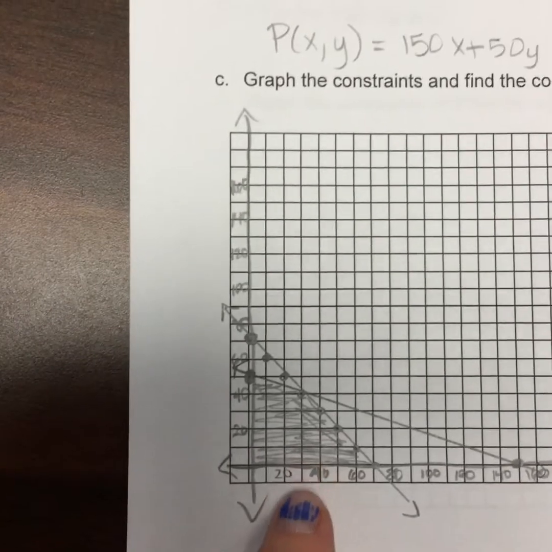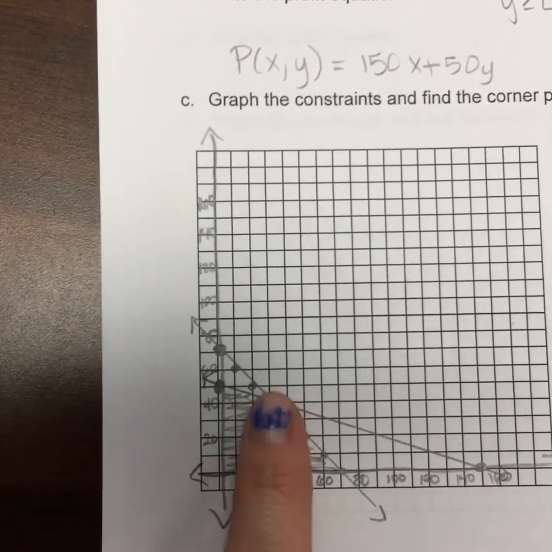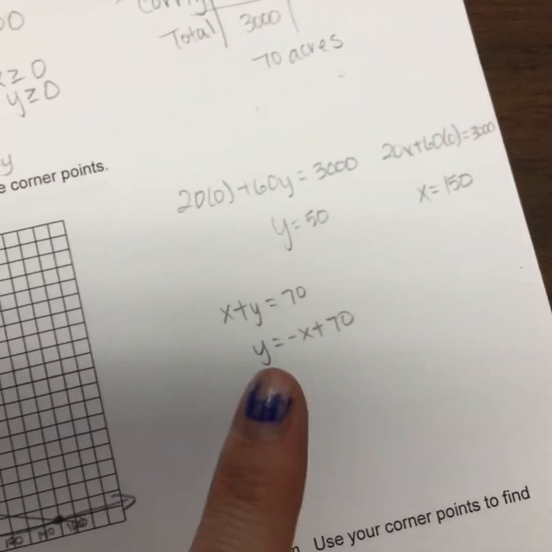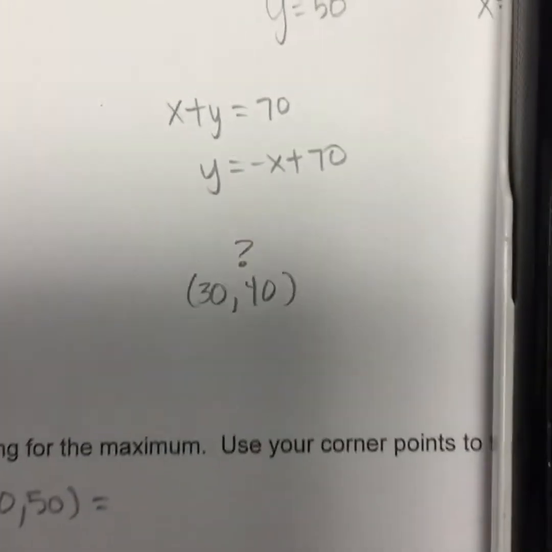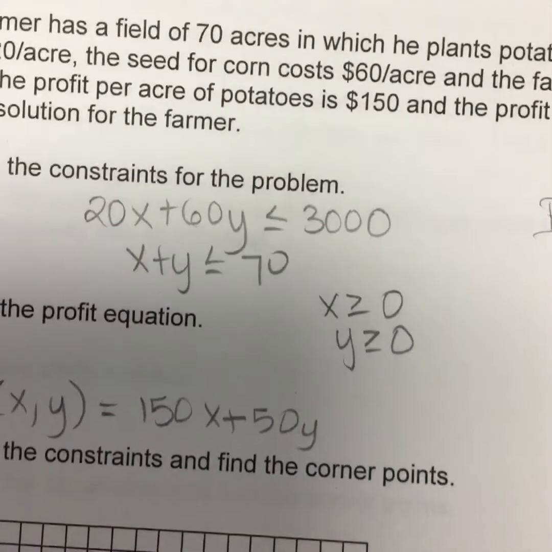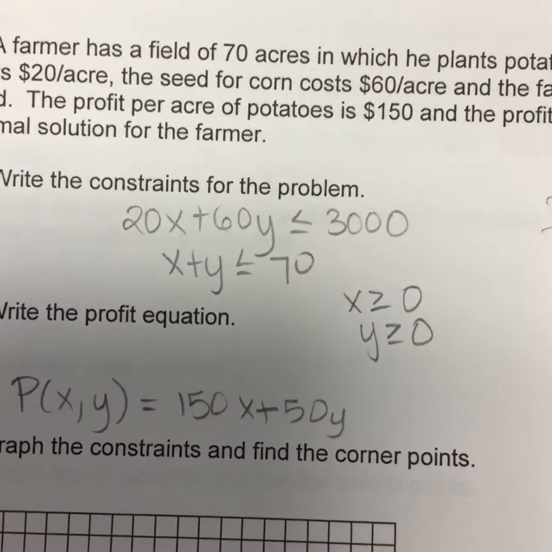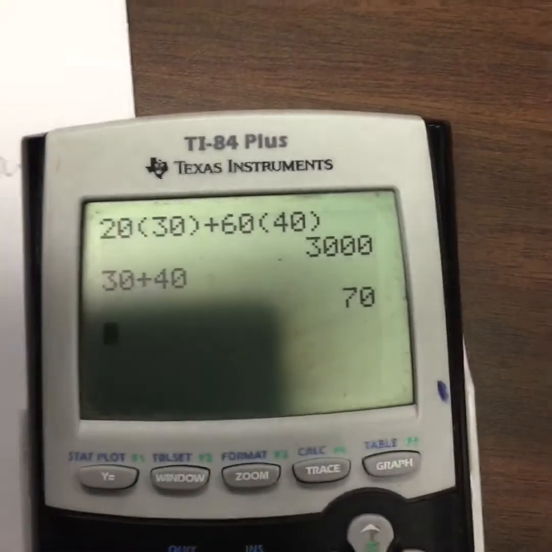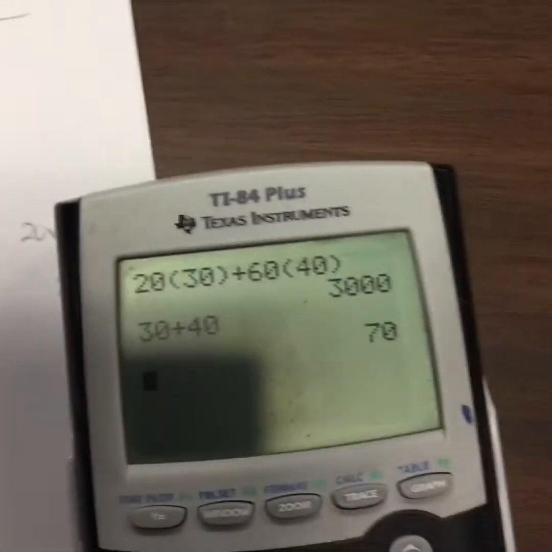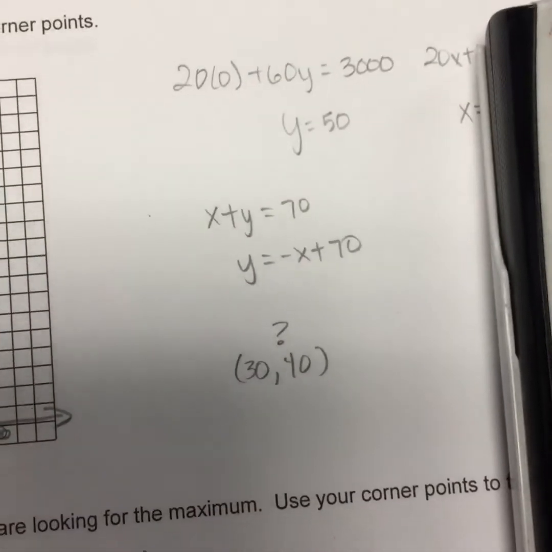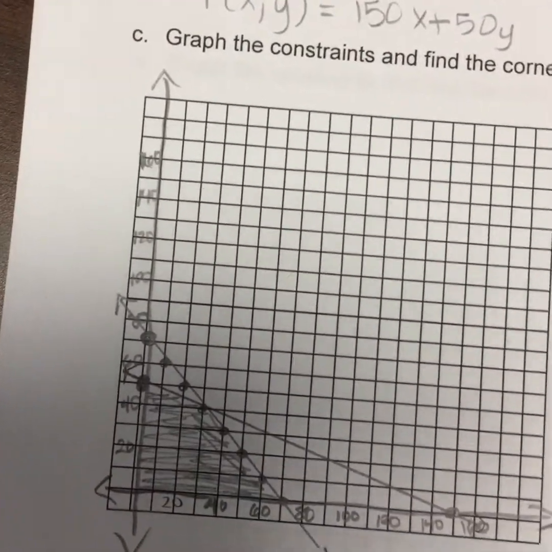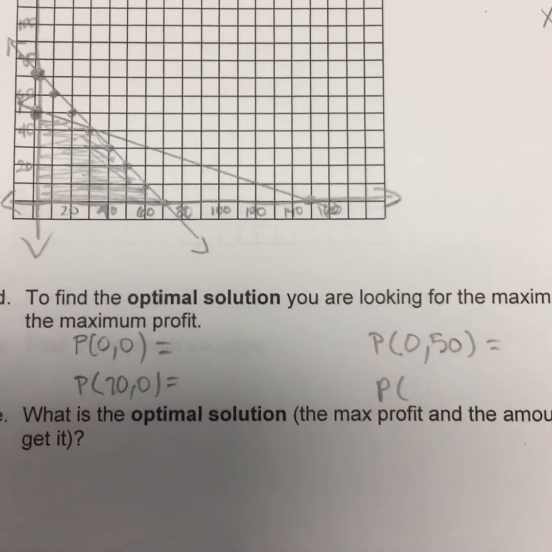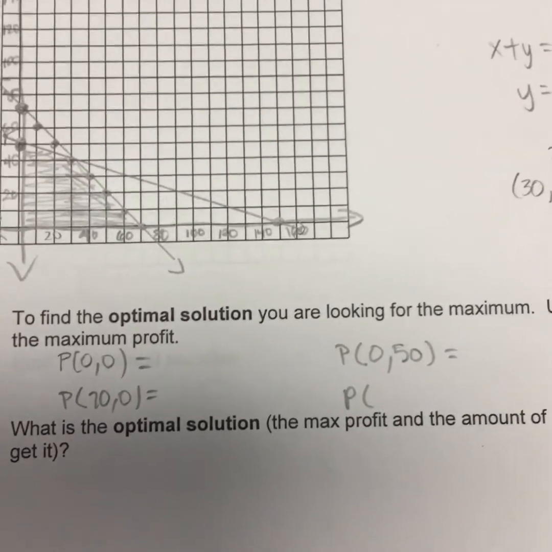It looks like it could be at 30, 40, but I need to plug it in to see if it's actually a solution. So is 30, 40 actually one of the vertices? So I'm going to plug it into each of my constraints to see if it's actually a solution. And once I do that, I see that it does equal 3,000. So that is the actual vertex there where they cross. And so I know that that is my fourth vertex to test into my profit function.